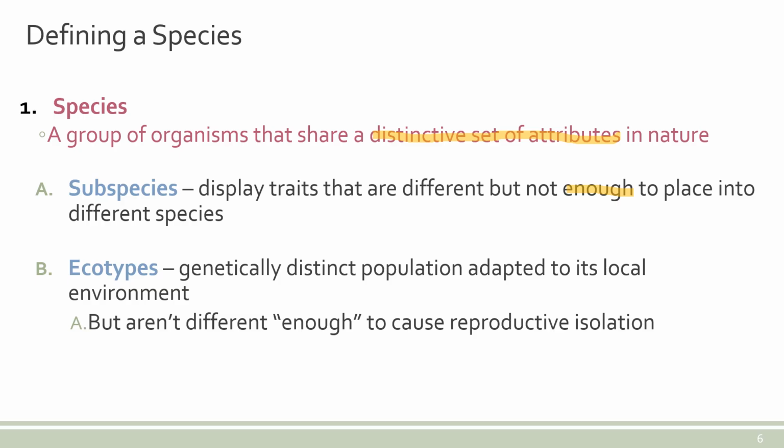These are a population that is specifically adapted to its local environment. So this is usually more of a category than a definition of a new species. Again, they aren't quite different enough to call them their own species, but they do have their own unique traits specific for wherever it is they have evolved.